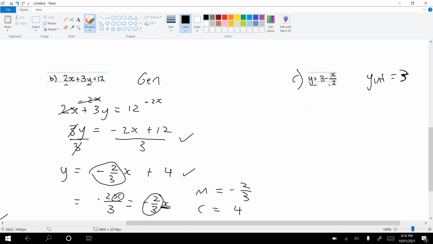Now here we've got minus x on 2, and I was just explaining down here that minus x on 2 we could write as minus a half times x, and now we can really clearly see what the slope is. The slope is the coefficient of x, that is minus half.